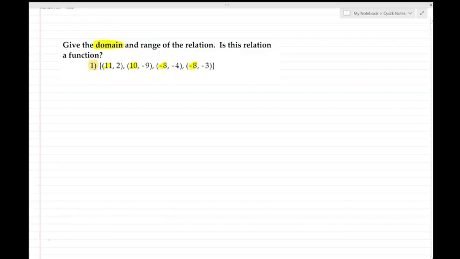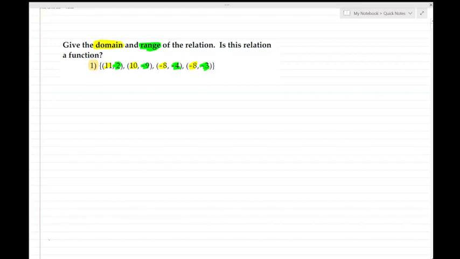Then the range is the items that happen in the second occurrence, or the values that go on the y spot. So 2, -9, 4, and -3.